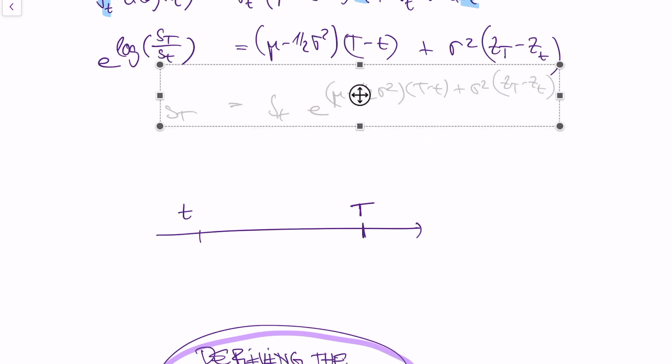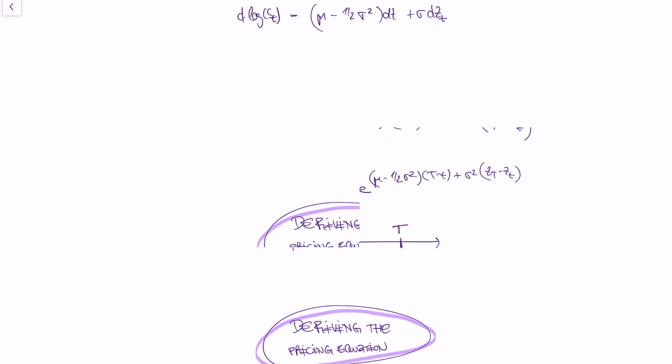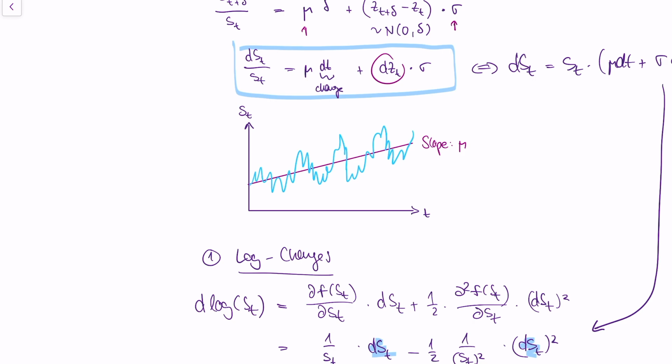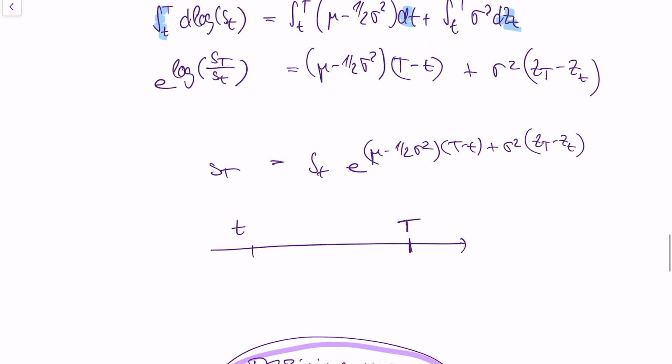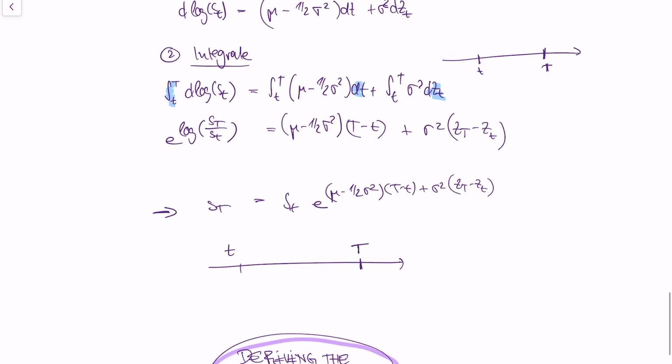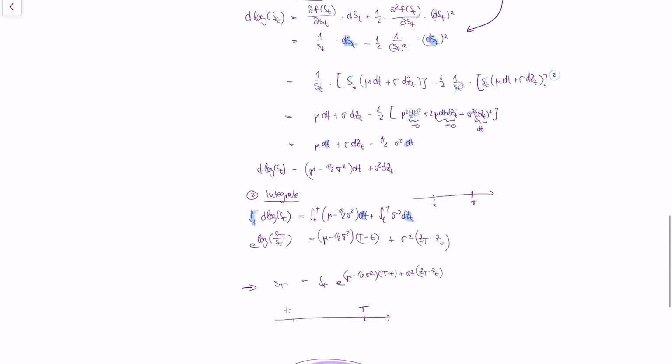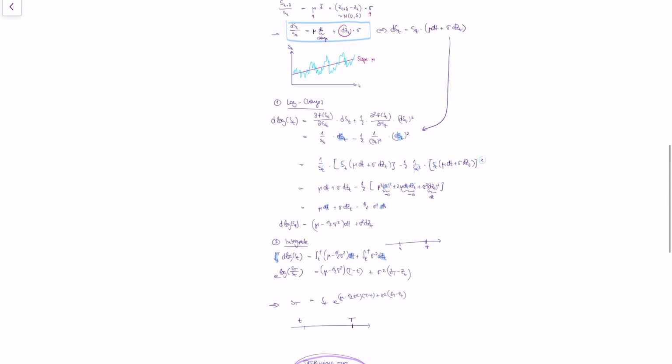We have found a very elegant formula that seems to match very closely how real financial assets behave, and we have calculated how in this formula the prices of the underlying asset change, and we also have found a formula for absolute values. So if you want to calculate the absolute value of a financial asset. And we're actually going to use this formula on a financial asset to derive the Black-Scholes pricing equation in the next video.